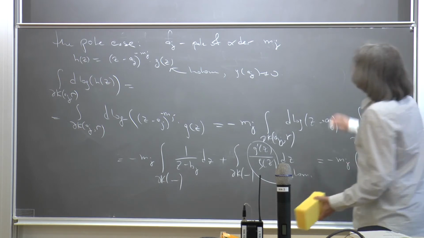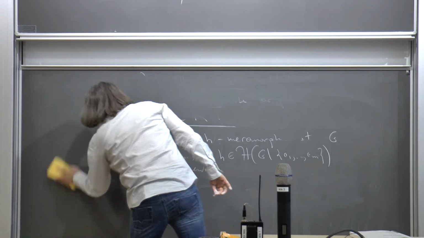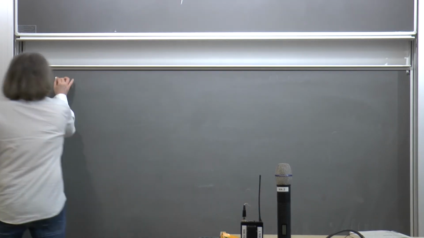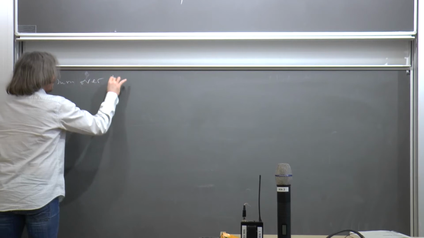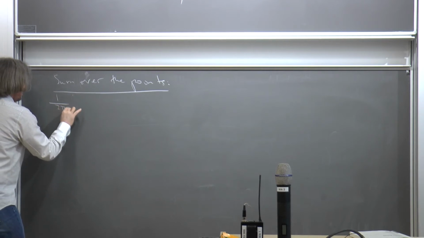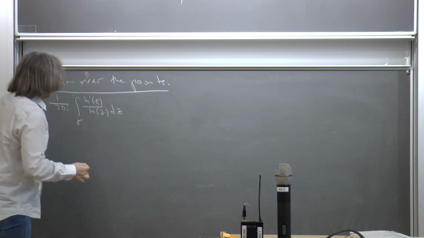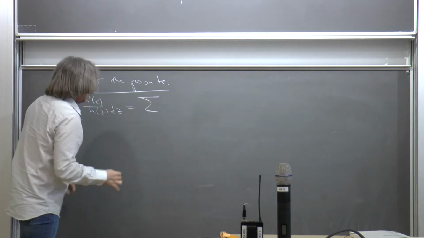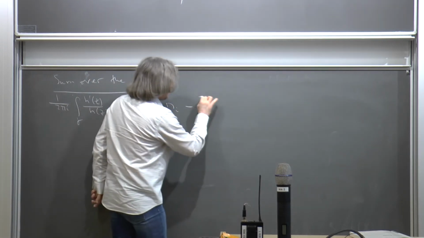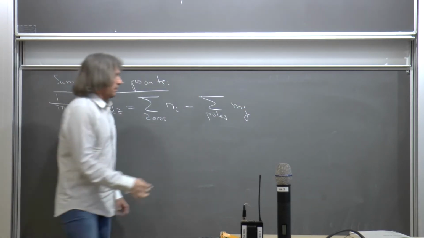Summing up over the points, 1 over 2 pi i times the integral over gamma of h prime of z over h of z dz becomes the sum over zeros of multiplicity minus the sum over poles of multiplicity. So this is the formula I wanted.